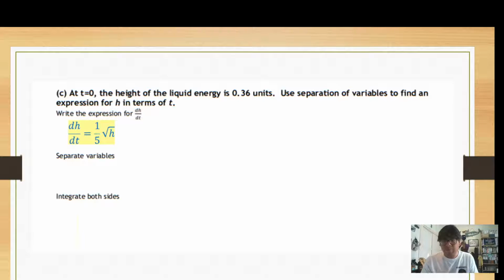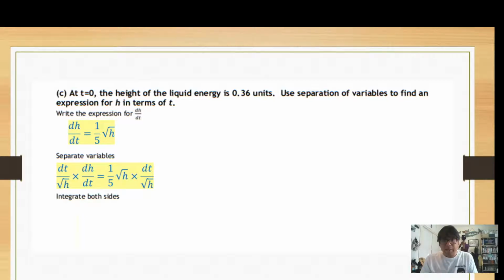Separate the variables. Looking at this, you can see a dt in the denominator, so you multiply both sides by dt. I also see the 1/5 root h. Leave the 1/5 on the right side and divide both sides by root h.